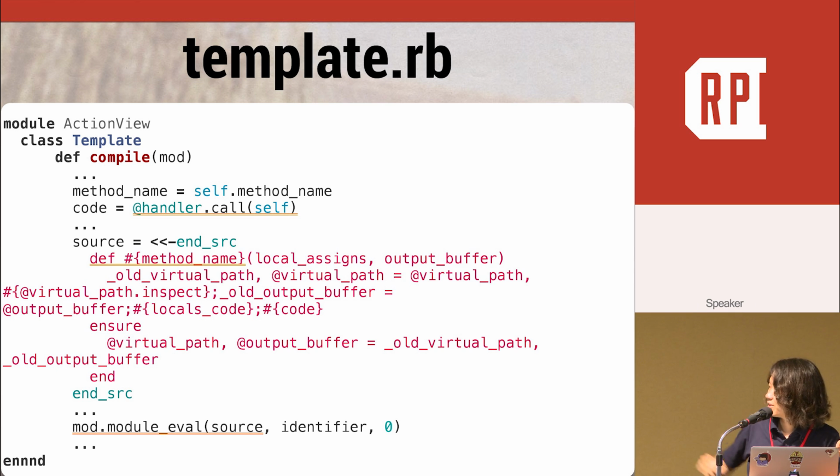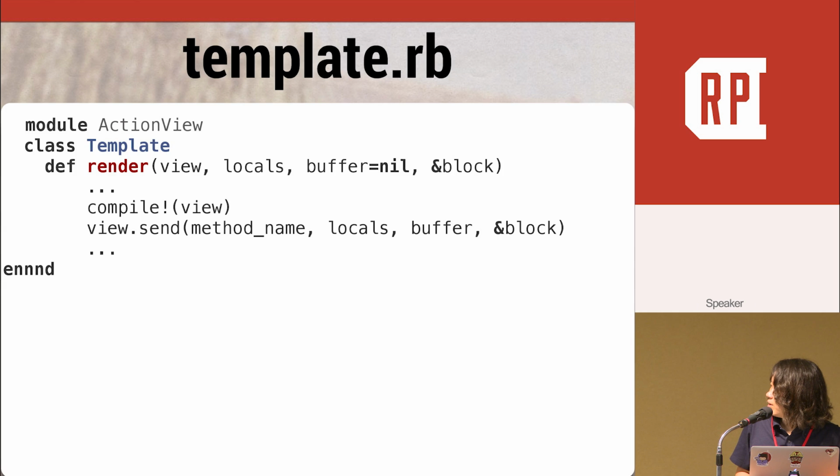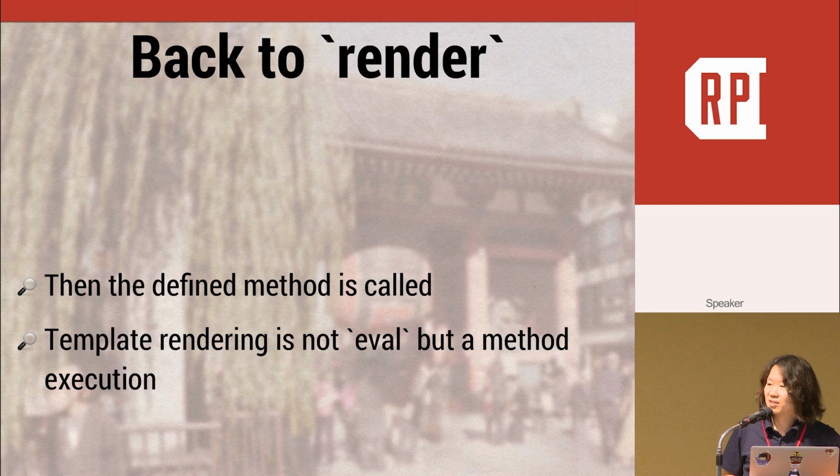The code there, right? So the code is defined on the view context object as a Ruby method. And again, back to the template.rb. Then the defined method is called. Template rendering is not actually eval, but it's a method call, method execution.